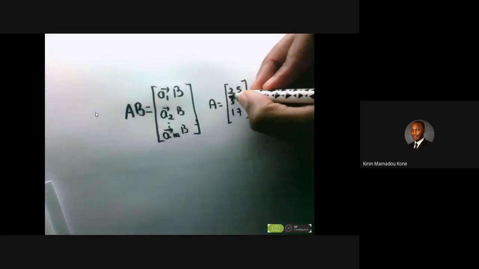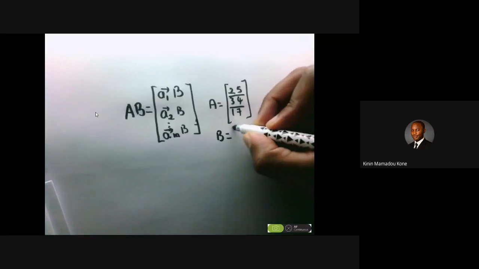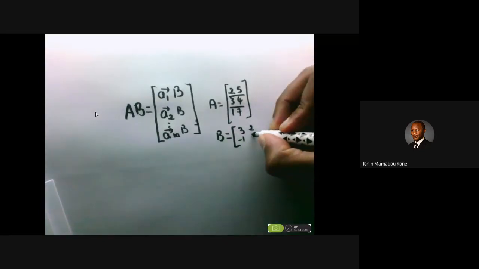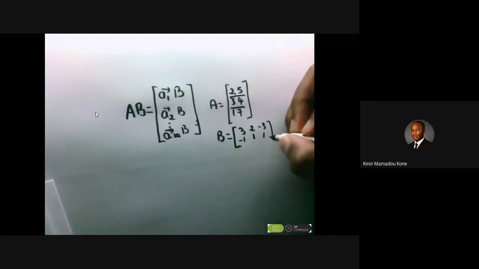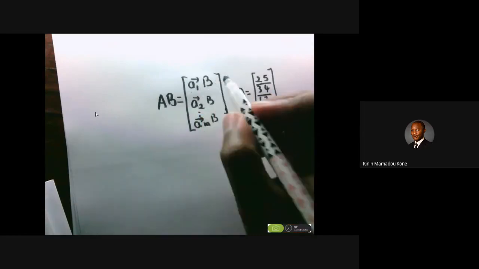I can partition it by rows, and B is this matrix here: 3, negative 1, 2, 1, negative 3, and then 1. So let's try to find the row vector A1 times B.